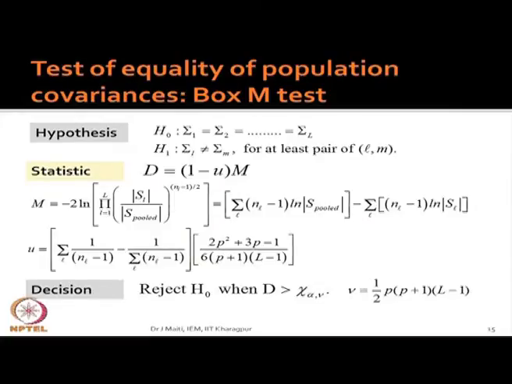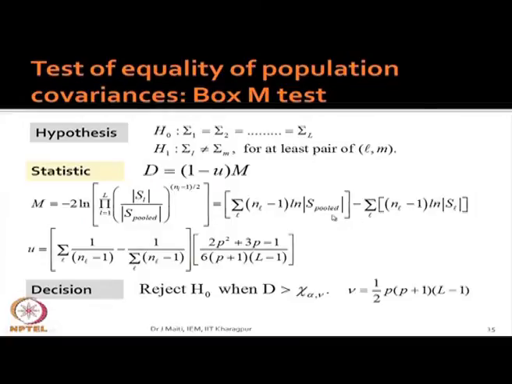Then we have used D equal to 1 minus U M, and M is this one with S pooled. Can you remember this? You have seen this earlier, and this is the formulation when we have taken the log. So, what do you require to do? You require to calculate the determinant of each of the sample covariances.